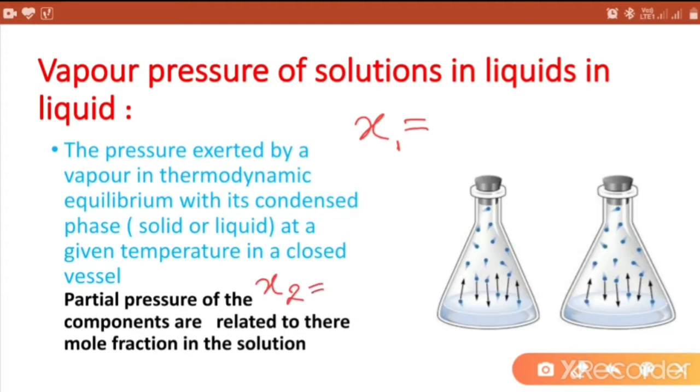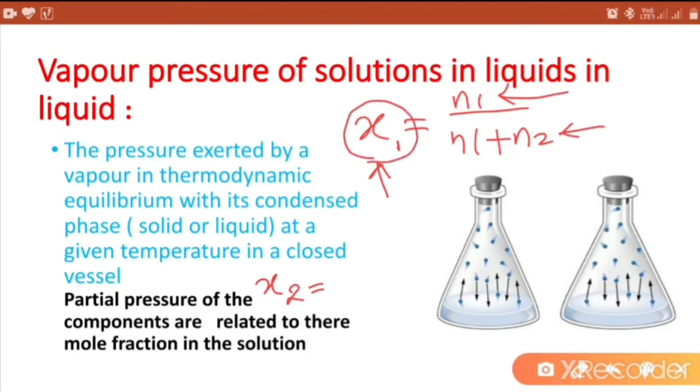The value of X1 is N1 divided by N1 plus N2, where X1 is the mole fraction of solvent, N1 is the number of moles of solvent, and N2 is the number of moles of solute.